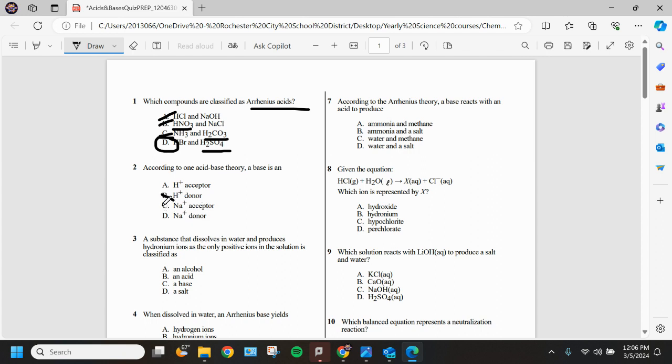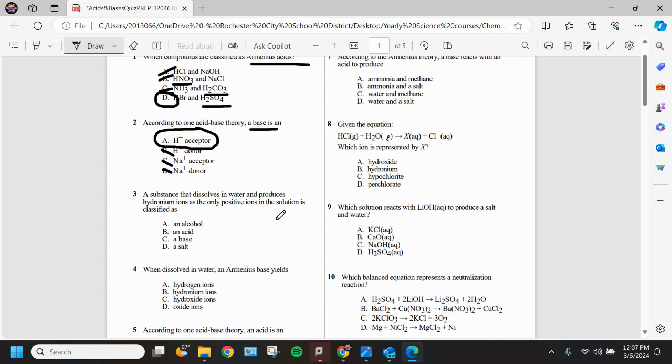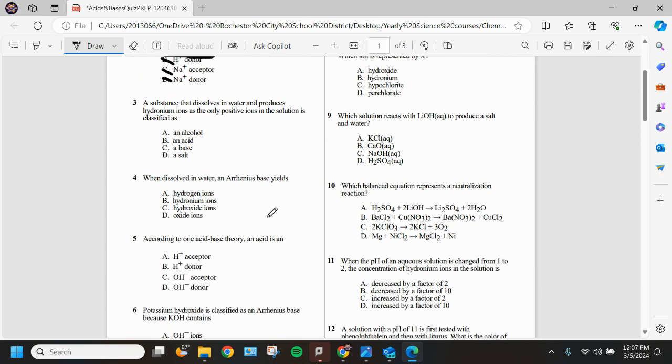Na plus acceptor or donor is all fodder, if you will. That's a distractor. We don't worry about Na plus in acids or bases. We changed the definition of a base to be an H plus acceptor in the Bronsted-Lowry theory of acids and bases. So that would be correct. That's the one that matches.